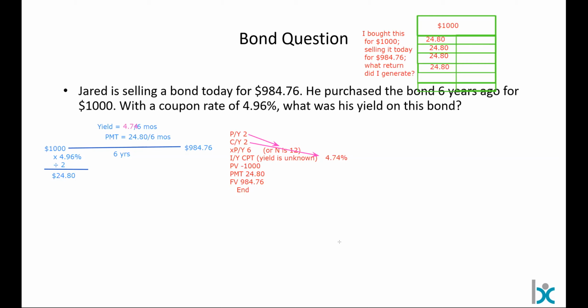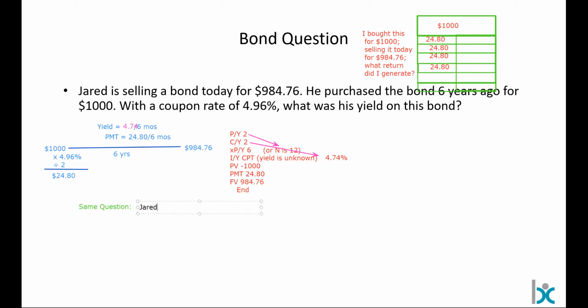Now, I want to point something else out here. And this is a challenge sometimes for people who have never interacted with bonds. The same question, the exact same question, might look like this. This would be identical.